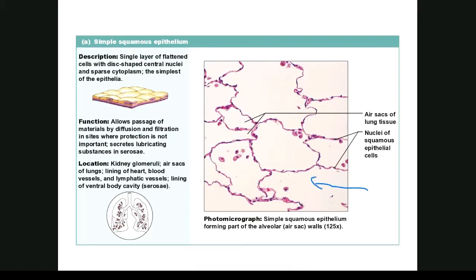As you see, the epithelial tissue surrounds those alveoli. Since it's a simple layer, it's easy for oxygen and carbon dioxide to diffuse across it. Then the capillaries surrounding this pick it up, and you get oxygen going into the bloodstream and CO2 leaving the bloodstream.